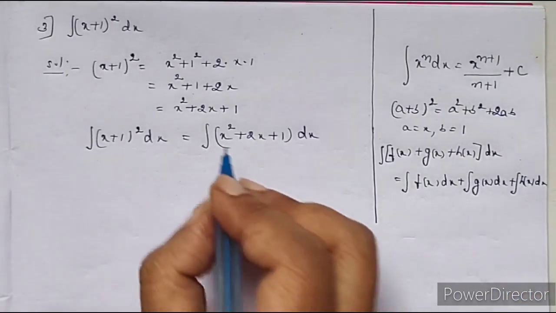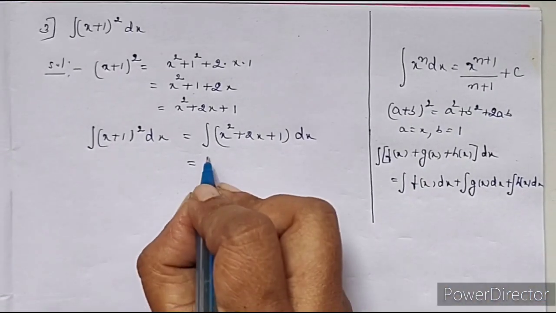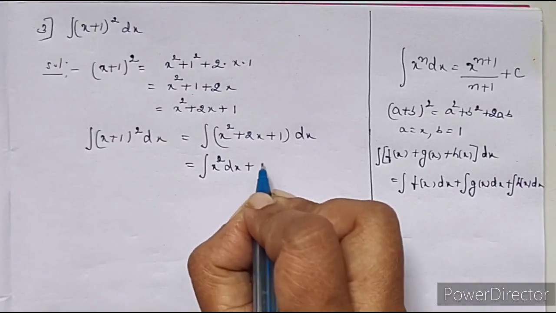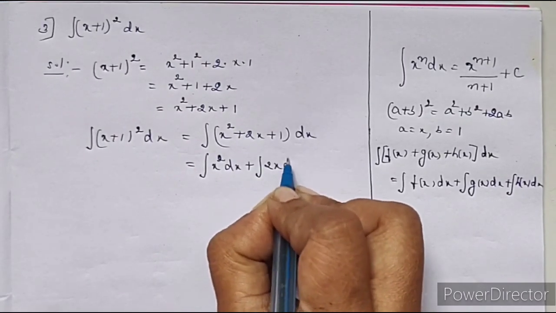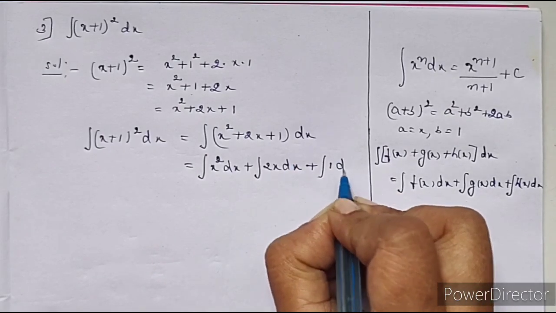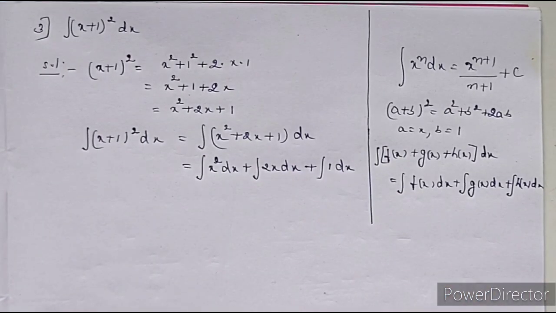So that is the rule. According to this rule, it will be integration of the first function x square dx, plus integration of the second function 2x dx, plus the integration of the third function 1 into dx.